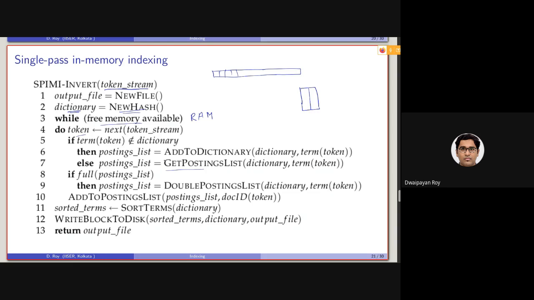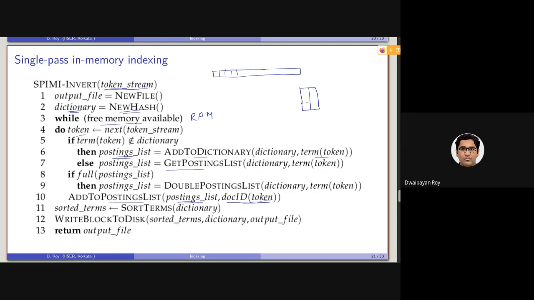If it is not in the dictionary, I'll be adding the corresponding token into the dictionary with the corresponding posting list. And finally, that posting list with the corresponding term along with the doc ID will be added to the large posting list associated with this token.